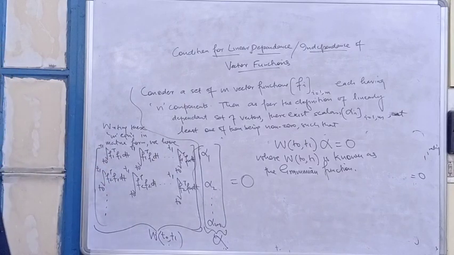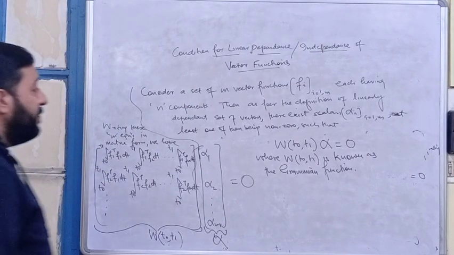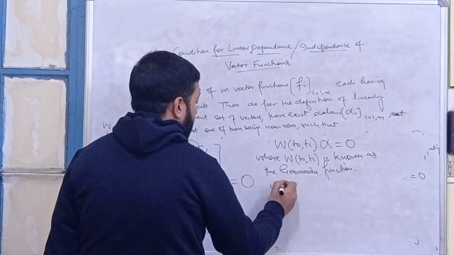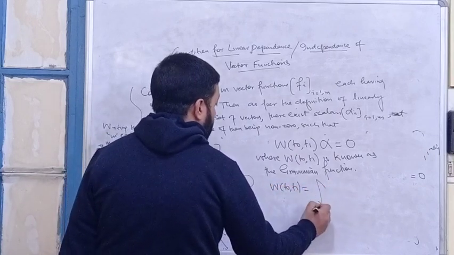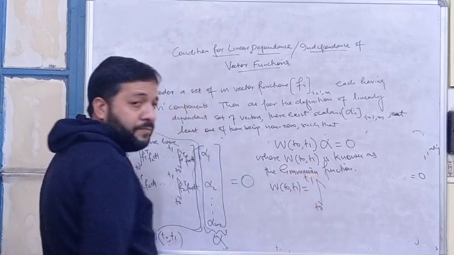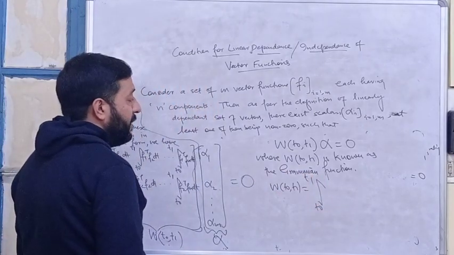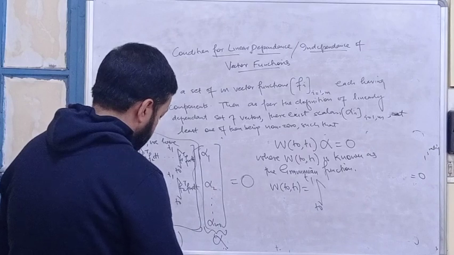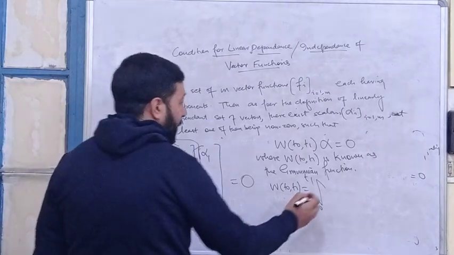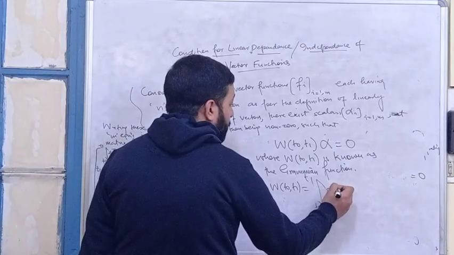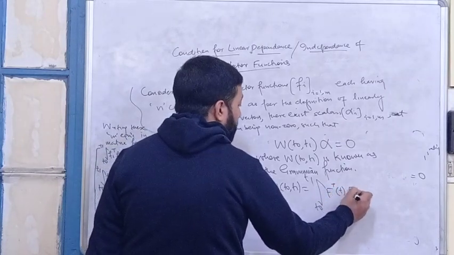It's defined as W of T naught to T1, which is actually the integral from T naught to T1 of F transpose t F t dt.